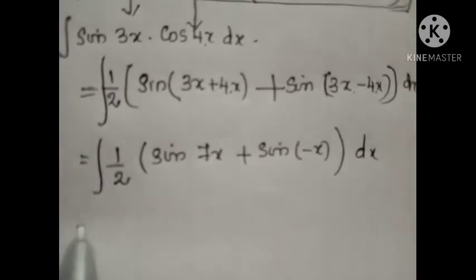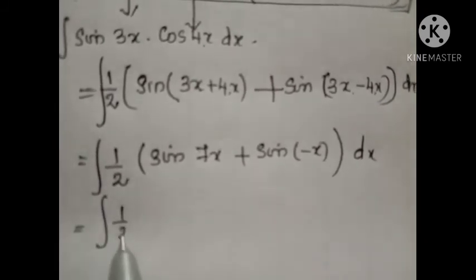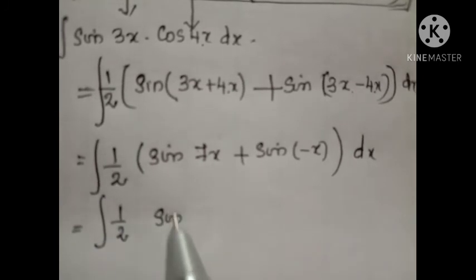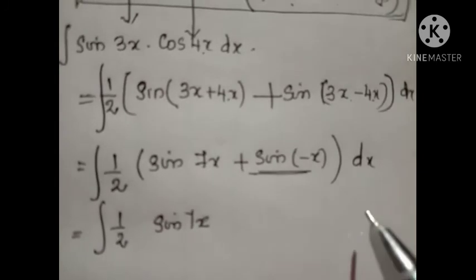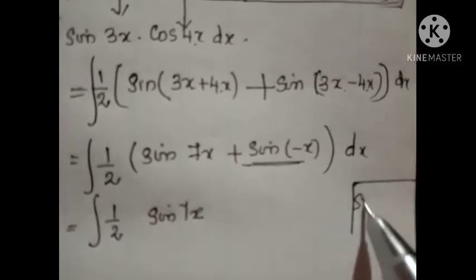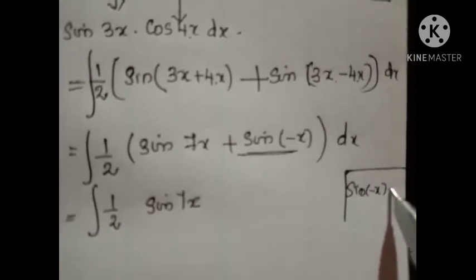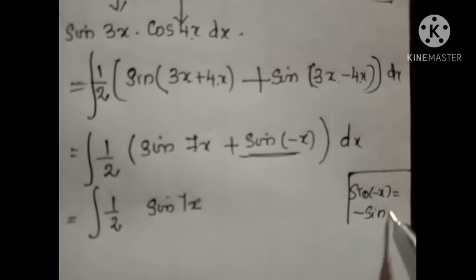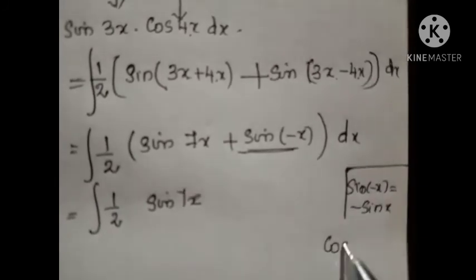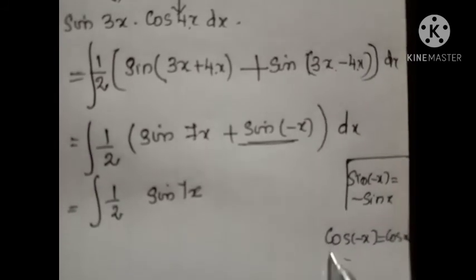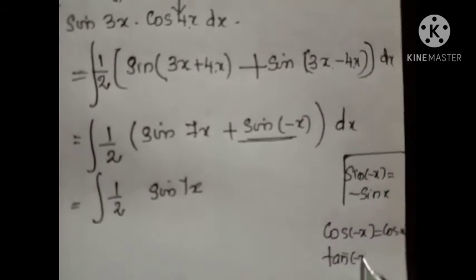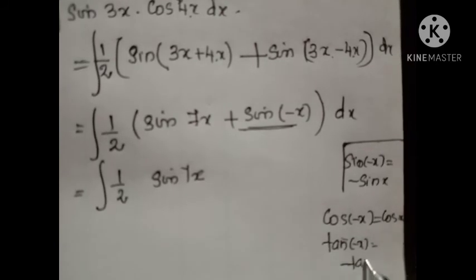Now this is equal to the integral of 1 by 2 sin 7x. Listen, sin minus x. So note the formula. Sin minus x is minus sin x. Cos minus x is cos x. Tan minus x is minus tan x.